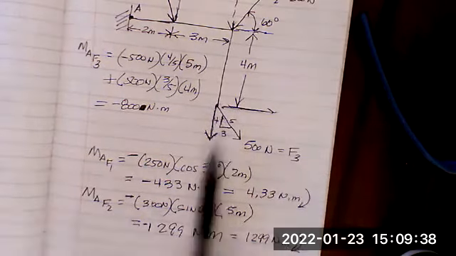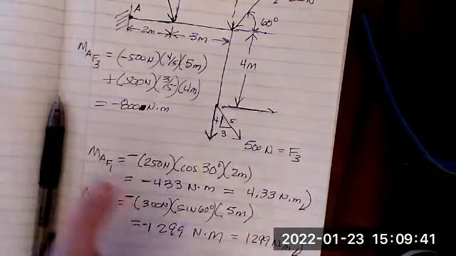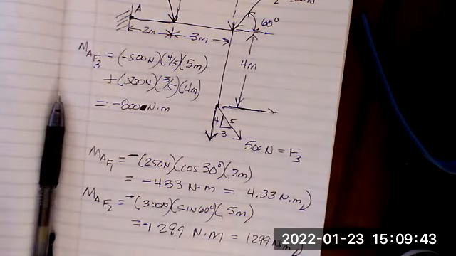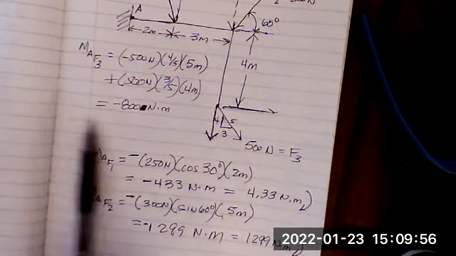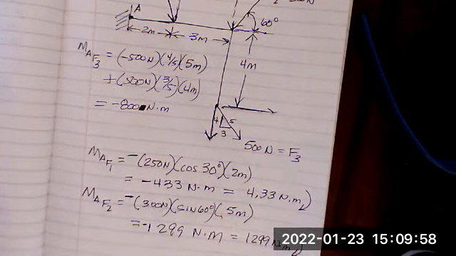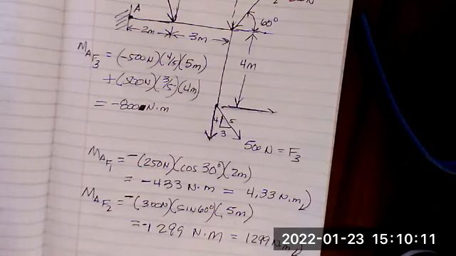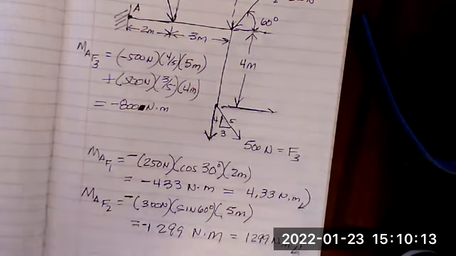I'm going to check all these just to double check everything. So this first one we did earlier, we have 30 cosine times 250 times 2 equals negative 433. That's correct. And then this one we got 60 sine times 300 times 5, and this is correct.